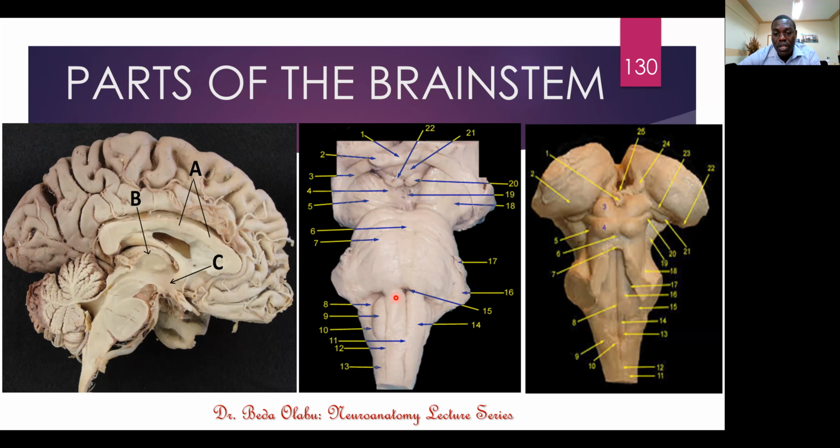So we call them the corticospinal tracts. It contains the corticospinal tracts, neurons which come from the cerebral cortex going to the spinal cord to control movement of muscles. Corticospinal tracts. Lateral to the corticospinal tract, we have this one, which we call the olive.